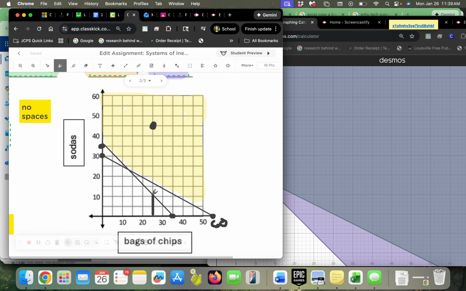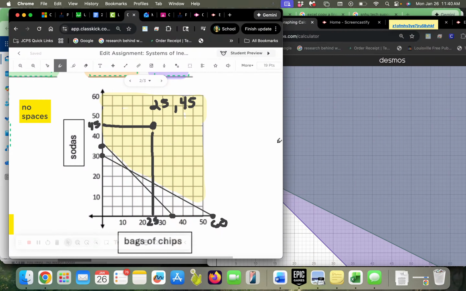I notice that along the X coordinate, it lines up with the 25 on the X axis and the 45 on the y-axis. I could have chosen any coordinate up here in that area. So as an ordered pair, it would be (25, 45).